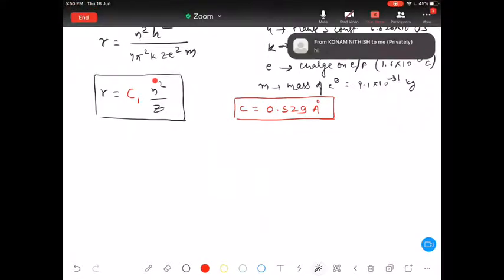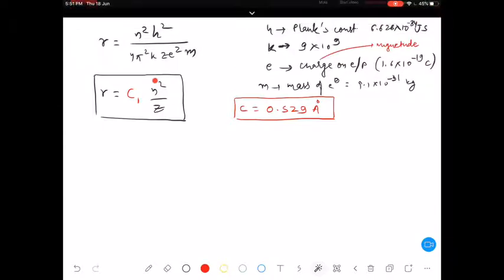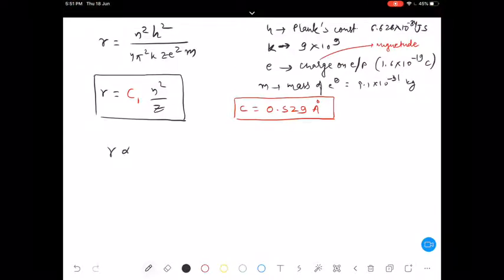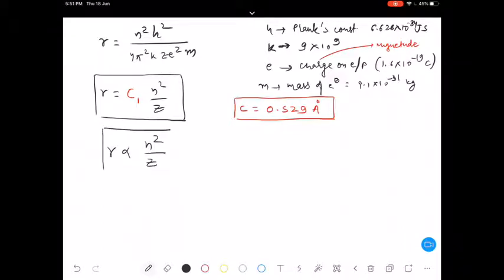So here I could write r is directly proportional to n square by Z. We can say that with an increase in the number of shells, this value of r will increase exponentially. Isn't that right? Any confusion, any doubt that we can say?